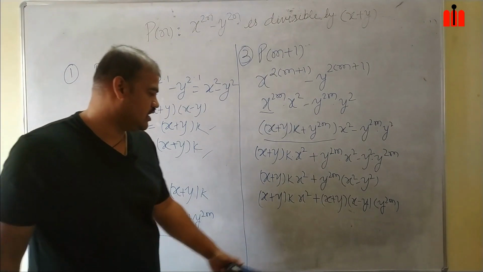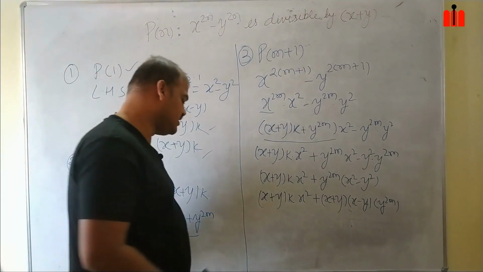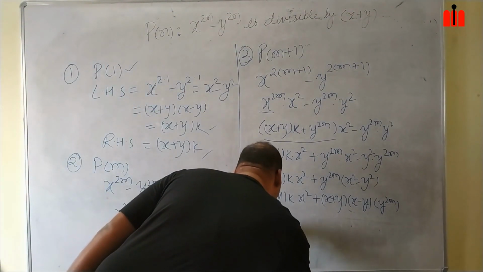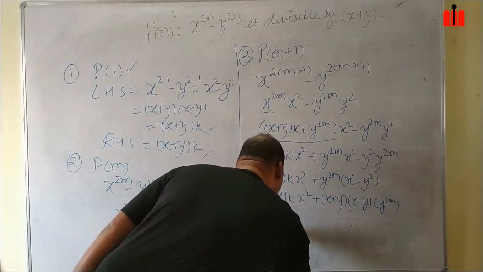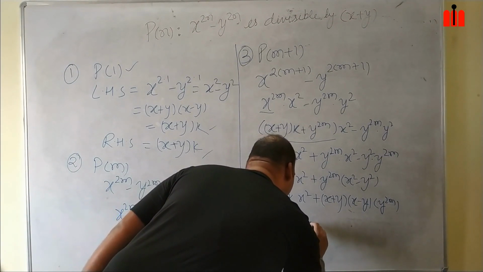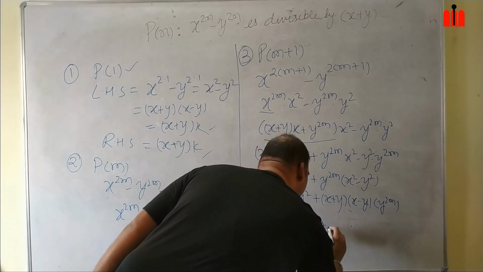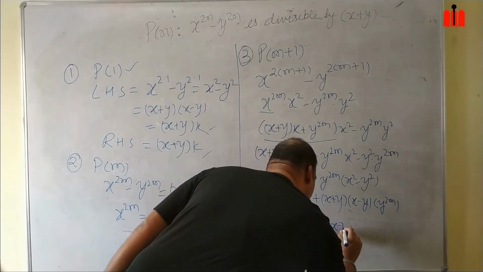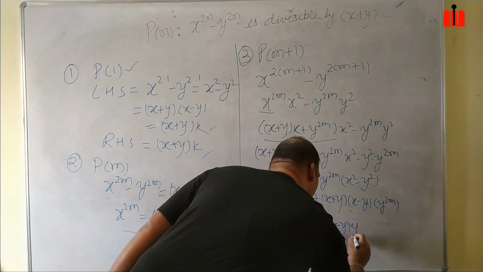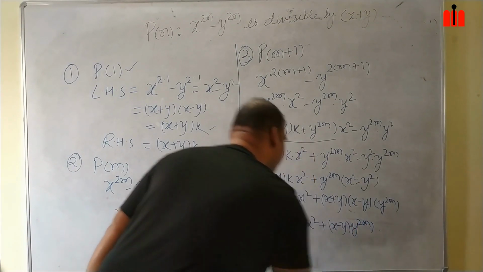Okay, so here you take x plus y outside, then you will get x plus y into k x square plus x minus y into y to the power of 2m.